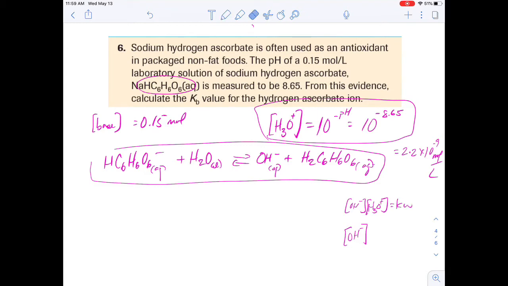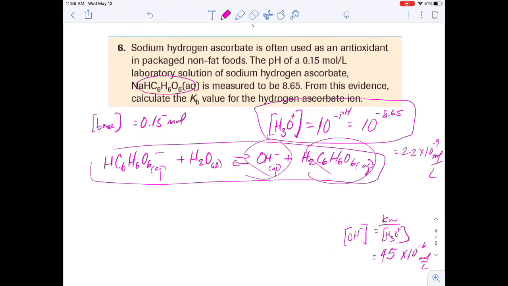So because of that, I can calculate the hydroxides by taking the Kw divided by the concentration of hydroniums that I learned from the acid, and it gives me a concentration of hydroxides of 4.5 times 10 to the negative 6 mole per liter. And so that's the concentration of this and this.